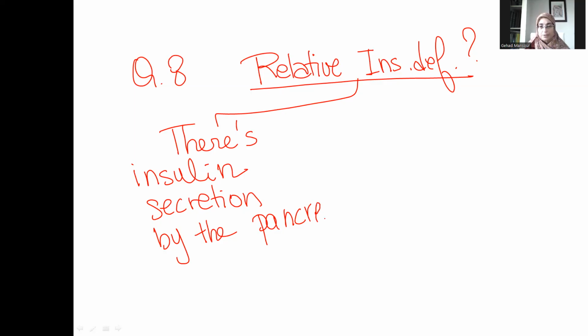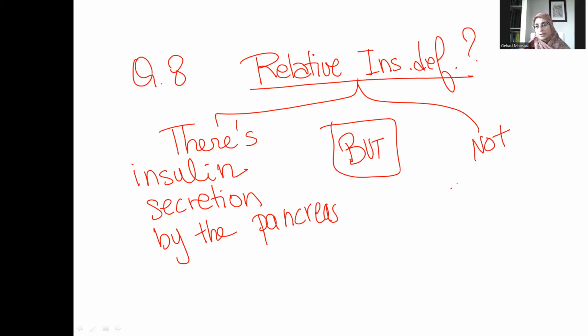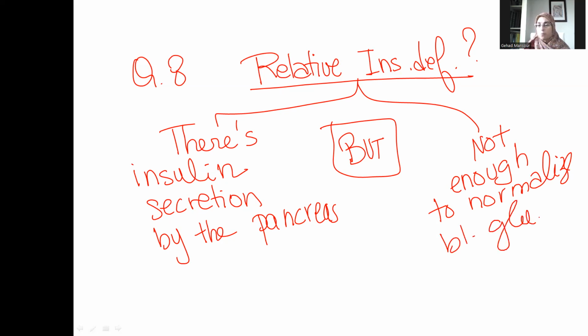So there is insulin secretion by the pancreas, but this secretion is not enough to normalize the blood sugar, not enough to normalize blood glucose. Why isn't it so? This is relative insulin deficiency. And now question 9, what are the causes of relative insulin deficiency?